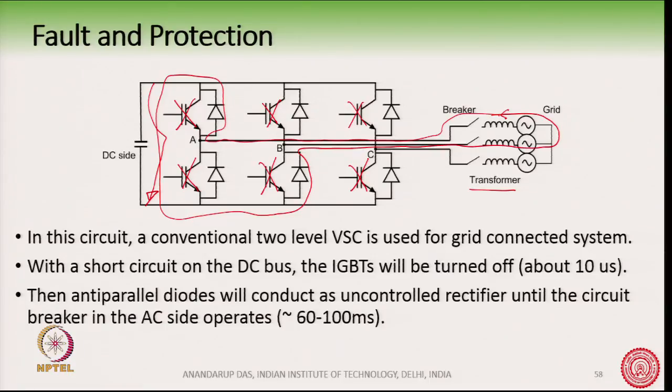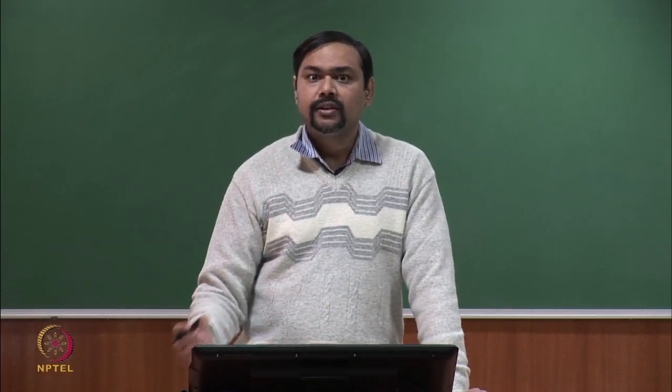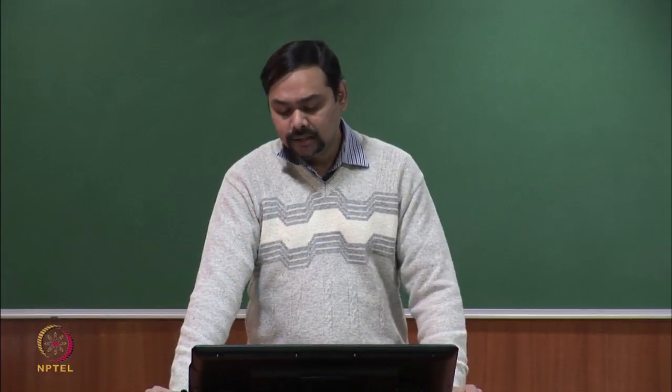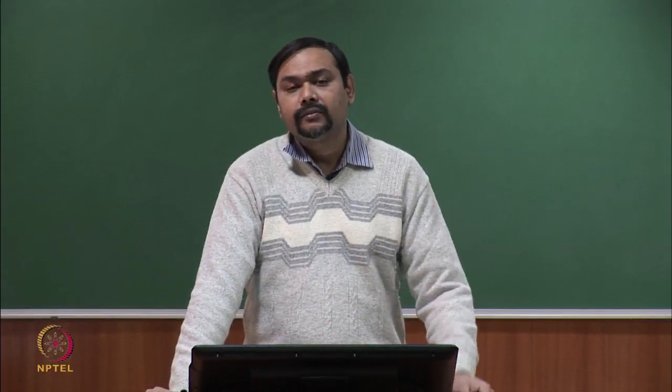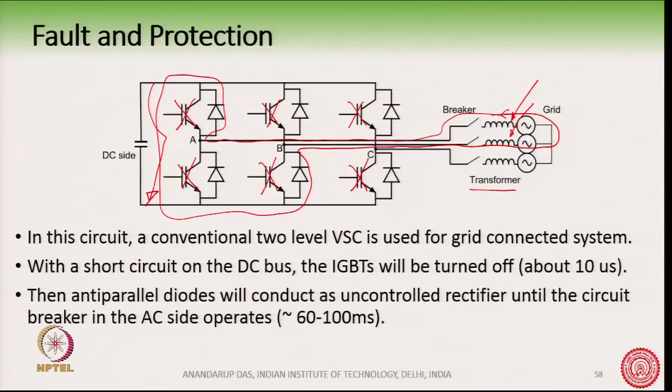So, the leakage inductance of the transformer with these elements will limit the rate of rise of current by the relation V = L di/dt. There are two inductors, so 2L di/dt is equal to the line voltage V_AB or V_AC.